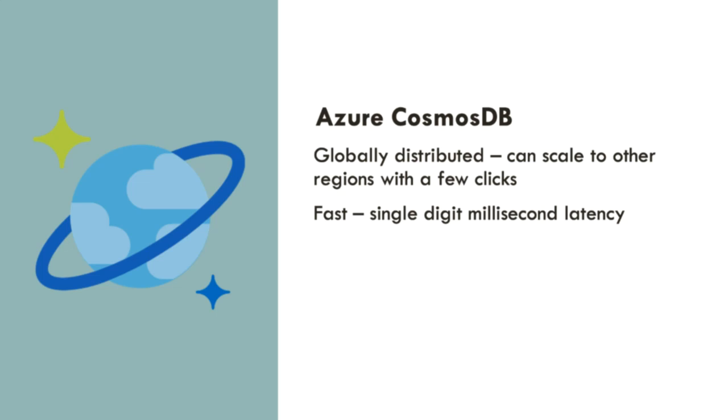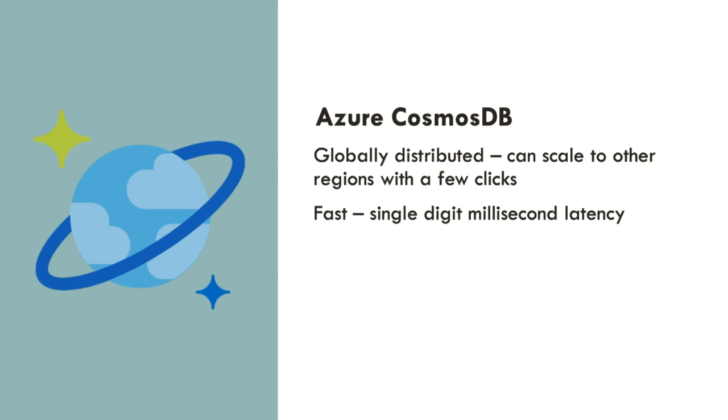So the fact that the Azure Cosmos DB can be globally distributed quickly means that users can access data that's stored in Cosmos DB with single-digit millisecond latency times. Now, that's not the cheapest database option that's available at Azure, but again, it is the fastest.